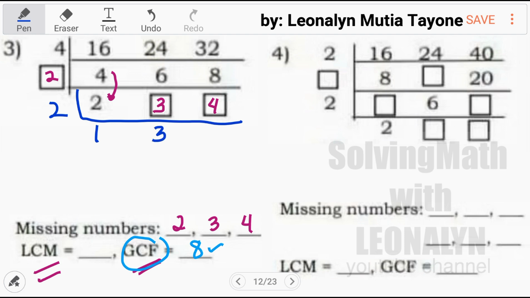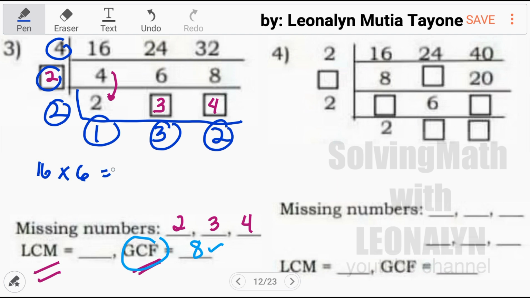I-bring down lang natin si 3. 4 divided by 2 and this is 2. Ngayon, pwede na nating i-multiply 4 times 2 times 2. This is 16. Tapos, i-multiply pa natin dito. 1 times 3 times 2, this is 6. So, ang sagot dito ay 96. Ang LCM natin ay 96.